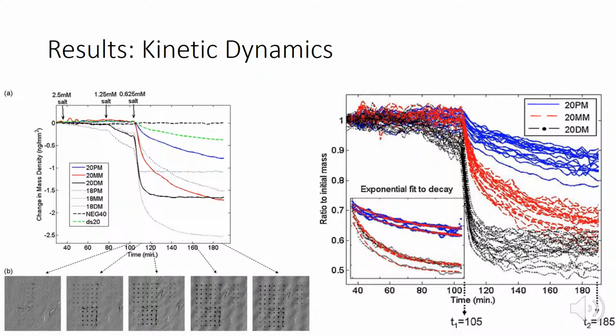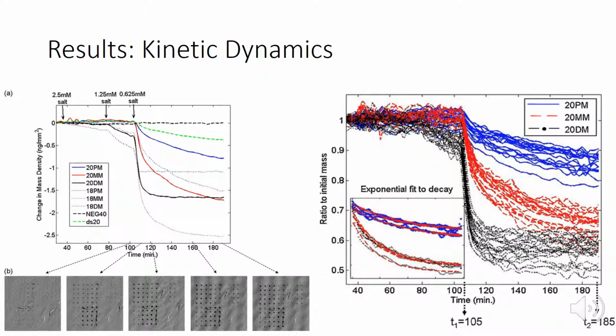The DM samples decrease in mass density the quickest, while the PM samples take longer to decrease. The least stable duplex, 18 double mismatched, starts denaturing when the microarray was washed with 2.5 millimolar salt buffer, while the 20 perfectly matched and 18 perfectly matched samples only start denaturing after 0.625 millimolar salt buffer is applied to the microarray, indicating they are more stable duplexes.